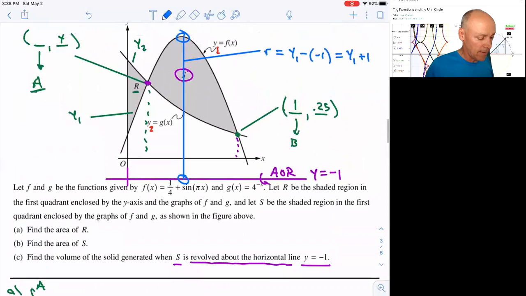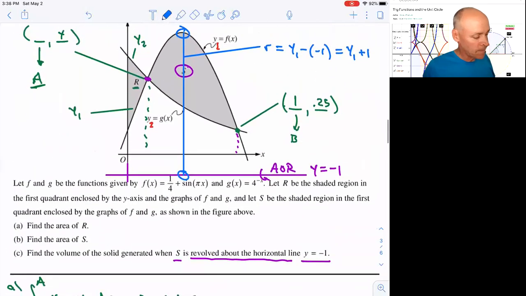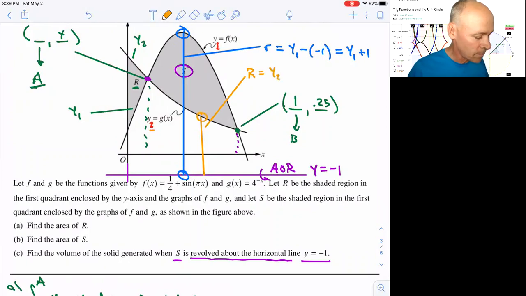Now the next radius I'm going to draw, it's going to be again from the axis of rotation to that first point right there. I go up to the region. I'm just going to draw that. It's going to be my capital R. That's equal to the upper function, which is y2, minus my lower function again, which is -1.